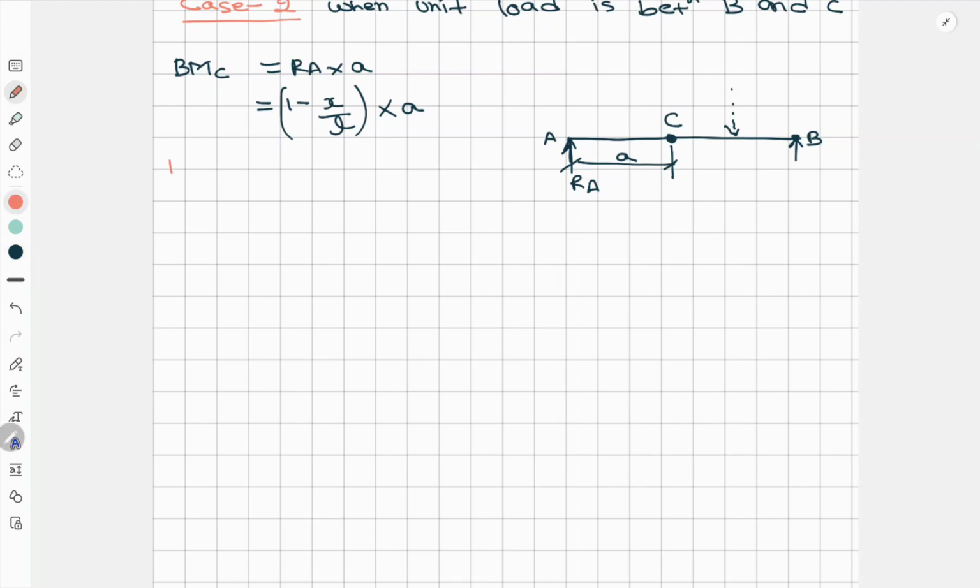Now we have to apply a boundary condition for case 2.